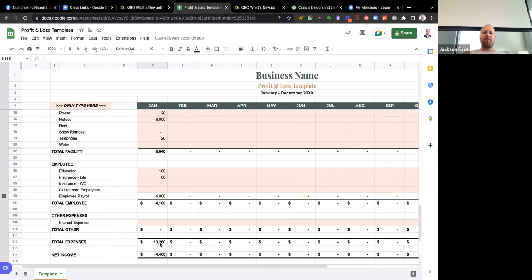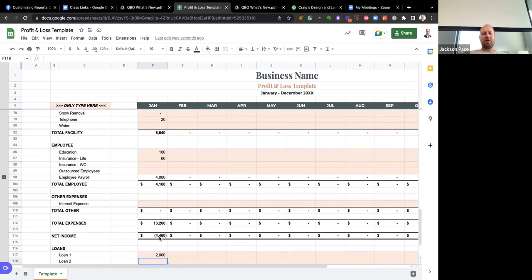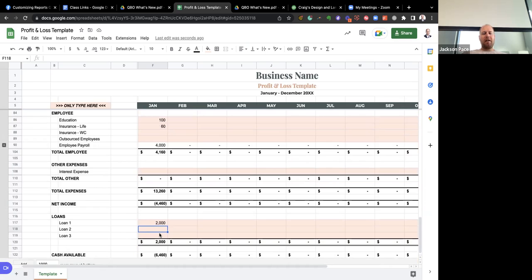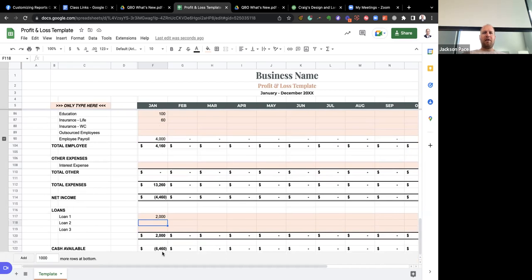So definitely not enough money coming in to support these expenses, which then pushes us into a net loss. And then on top of that, we have to pay loans. And so we're going to pay $2,000 in loans. So now essentially what's happened is we've burned through $6,460 in cash.